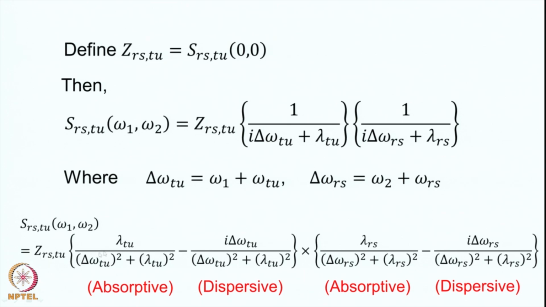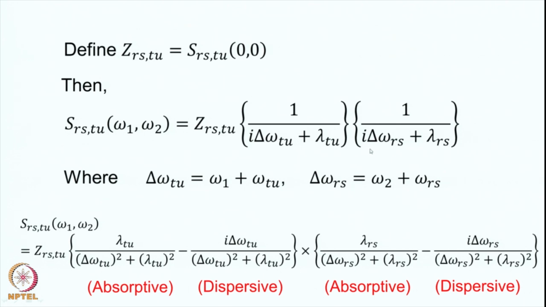So, ZRS Tu is, now what you do, you multiply the denominator and the numerator by lambda Tu minus i omega Tu. So, therefore, you get here delta omega Tu square plus lambda Tu square, and you get two terms: lambda Tu divided by this, minus i delta omega Tu divided by delta omega Tu square plus lambda Tu square.